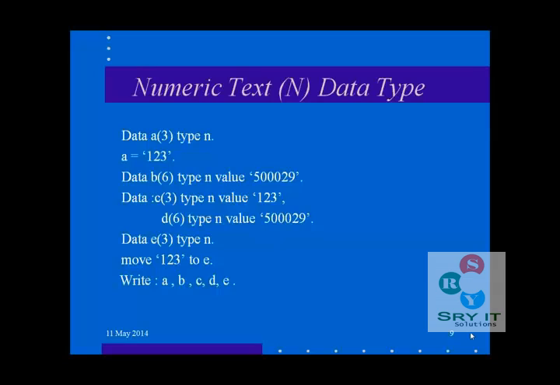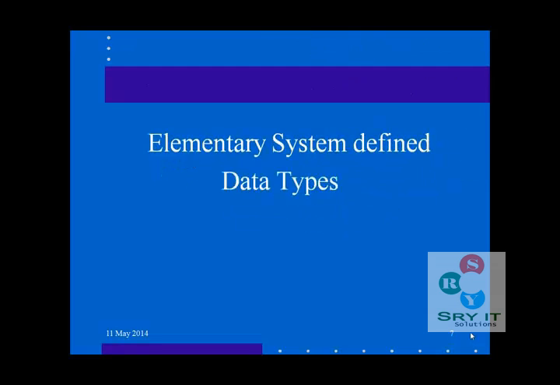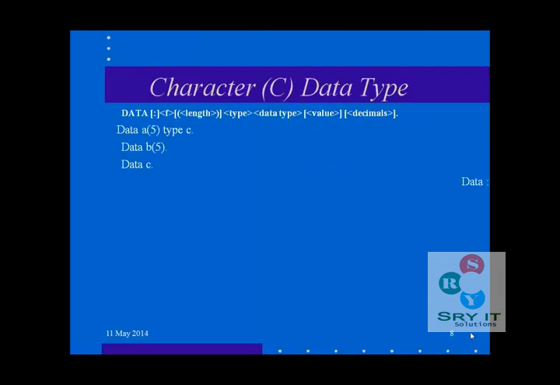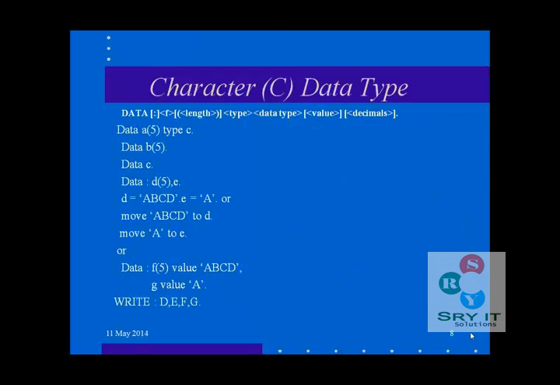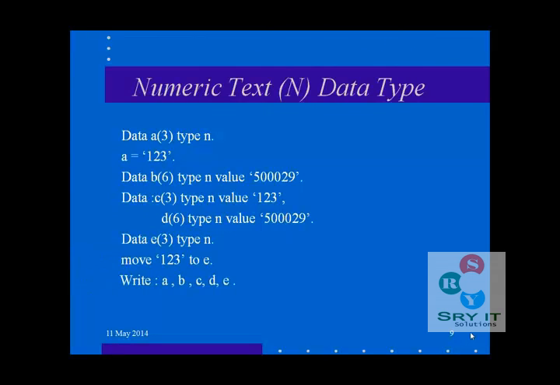Because in the previous slide, for the numeric data type, you only assigned just numbers, right? This slide talks about only characters, nothing more than that. That slide talks about only numerics. So what is numeric text?